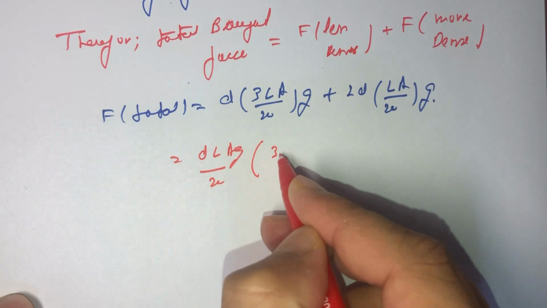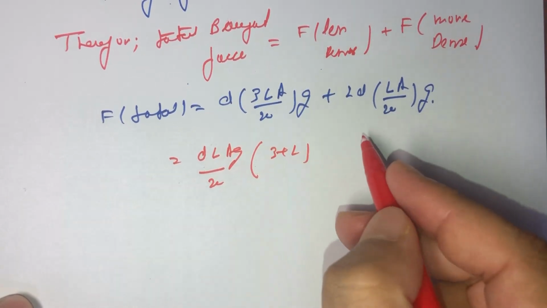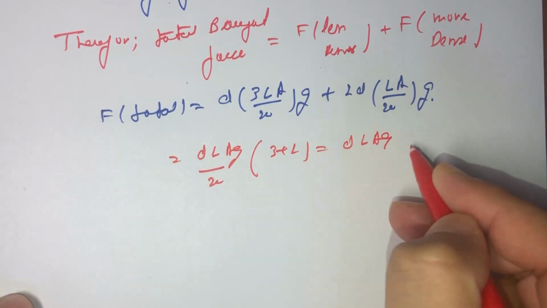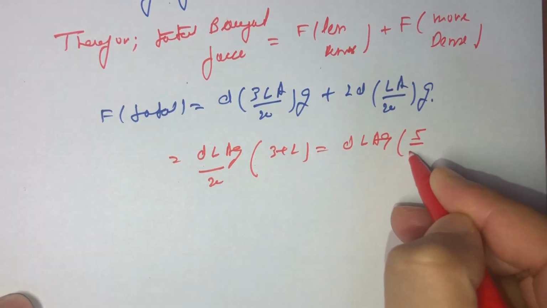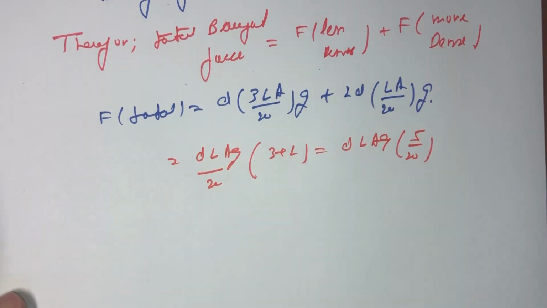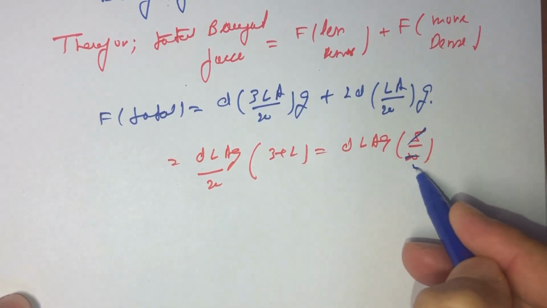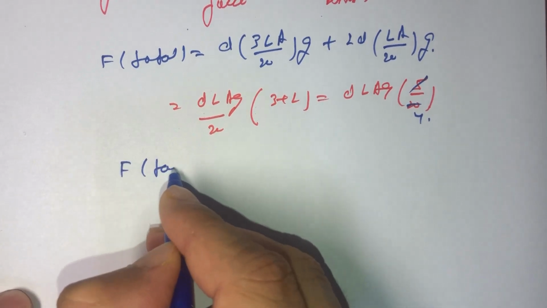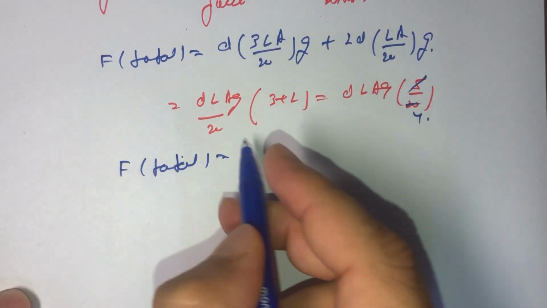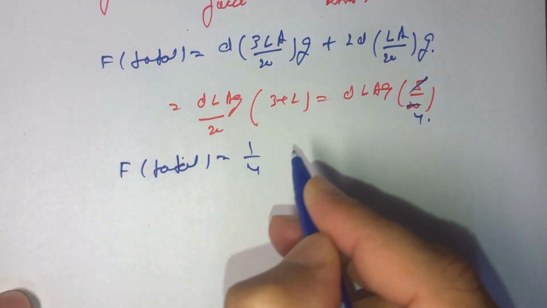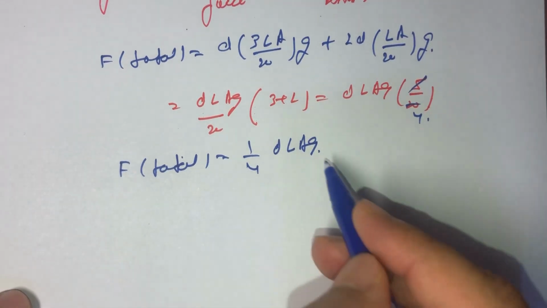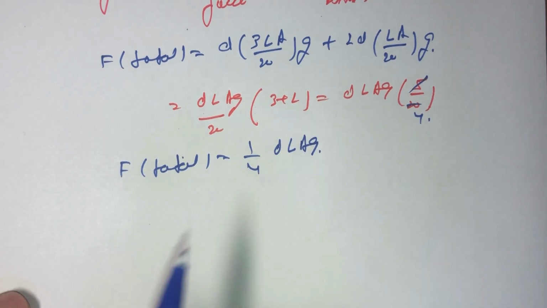So this becomes 3 plus 2, which is dLAg times 5/20, which comes as 1/4. So F total will be equal to 1/4 dLAg. So this is the total buoyant force.